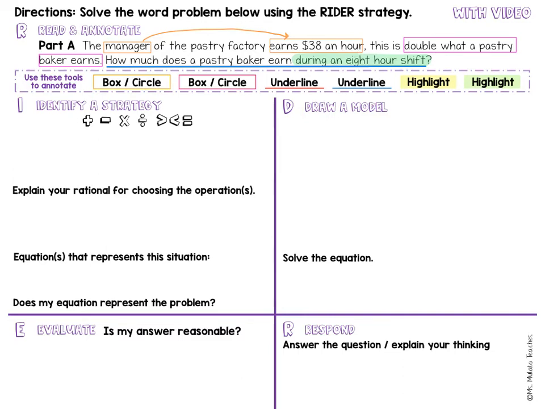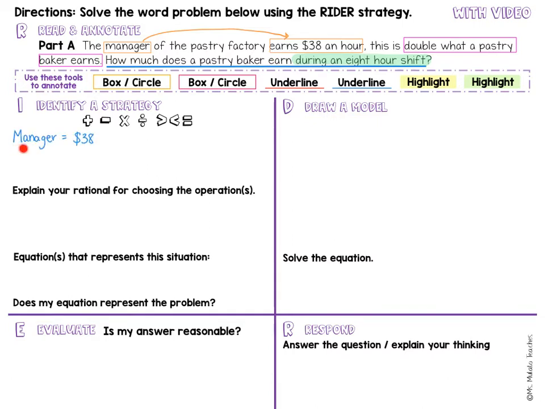So we now have two parts here. We need to find out how much the pastry baker earns in an hour, and then how much the pastry baker earns in a shift, which is 8 hours. So let's write down in I, identify strategy, our important information. We know that the manager earns $38 an hour.